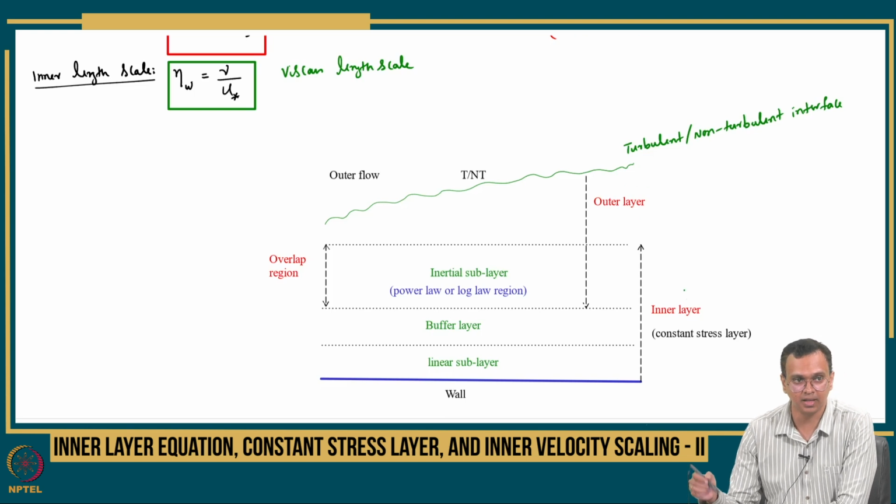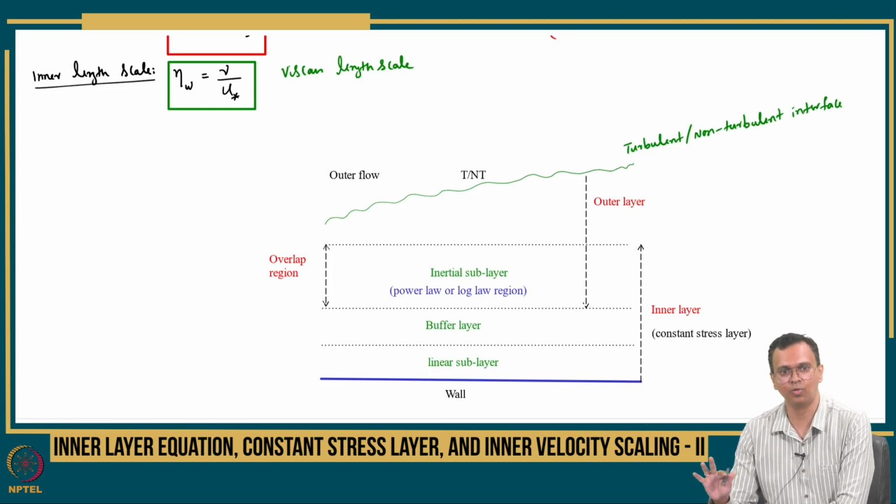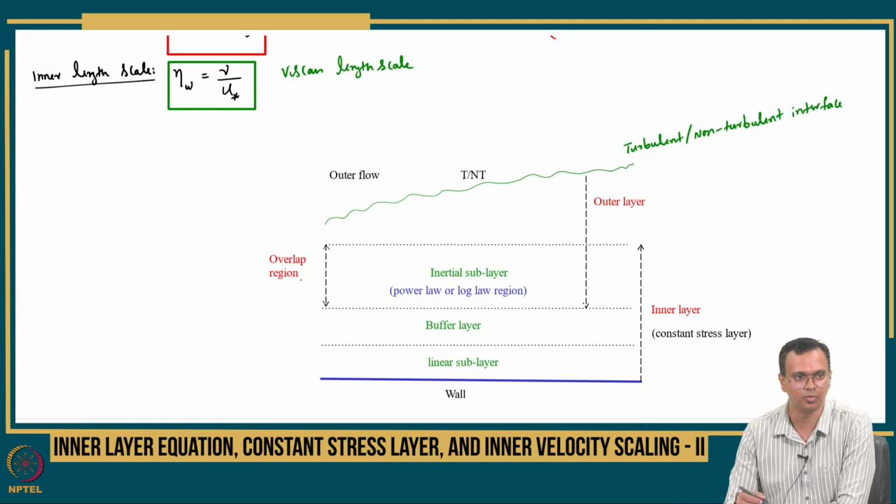As you can imagine, there is no sharp cutoff between these two layers. You might think there is a zone where the outer layer is and a zone where the inner layer is. No, there is actually a gray zone, or what is called an overlap zone.